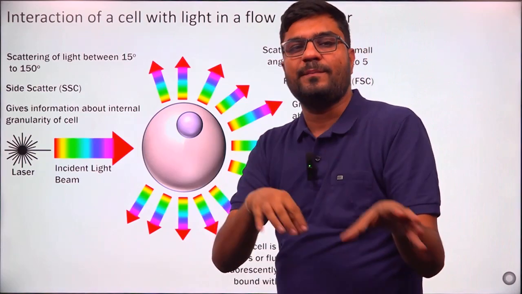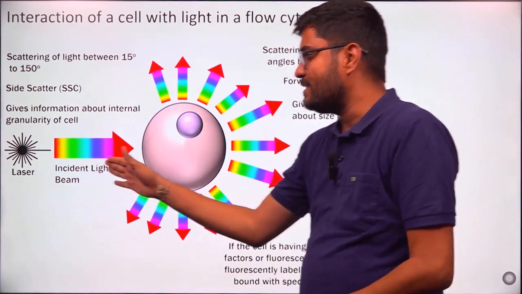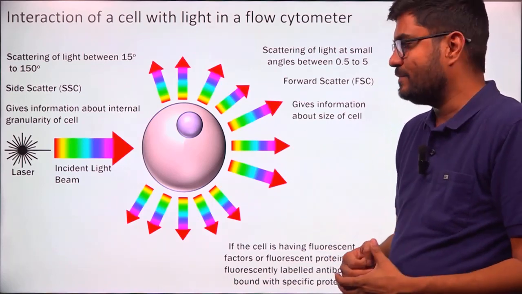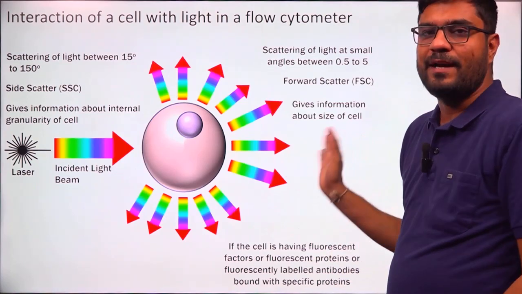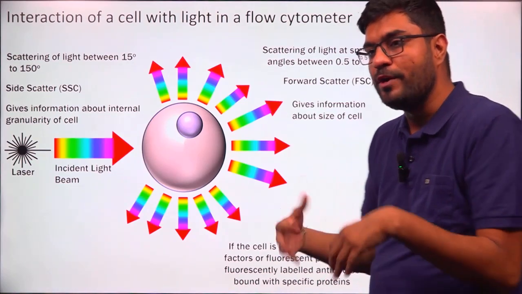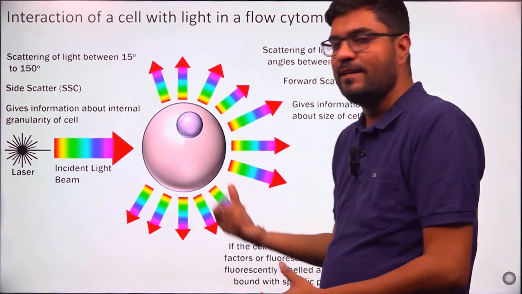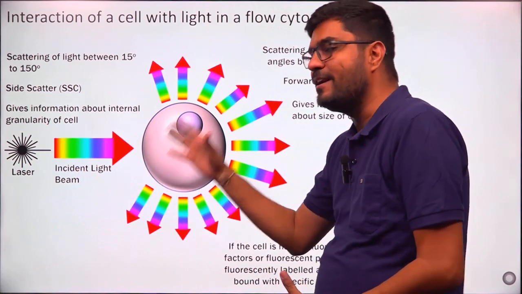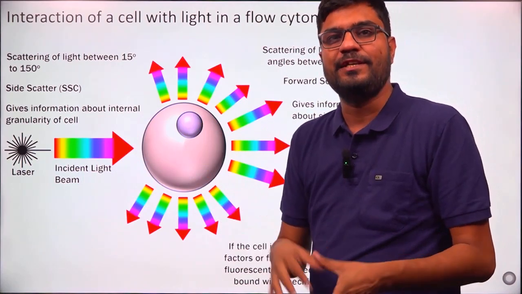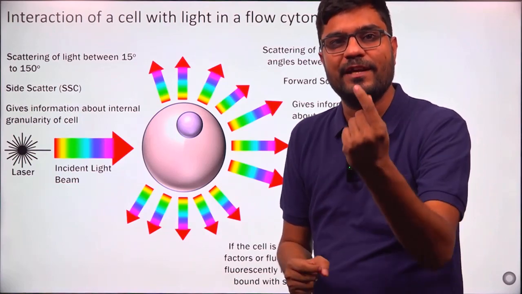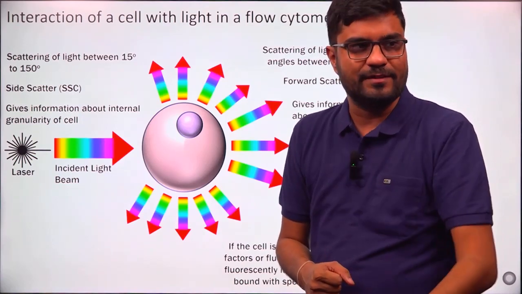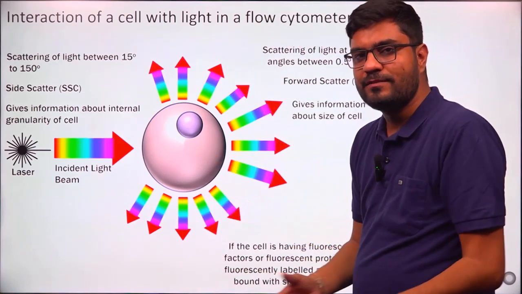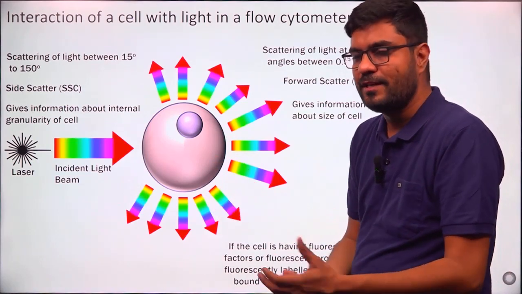If the cell is not coming, then the laser is easily passing through the liquid because there will be only buffer, no cell, and it is detected by the detector as no event. And if a cell is there, then the cell will interact with light, the light will be scattered by this cell, and the machine is counting it as one event. A second cell means a second event, a third cell means a third event. It is going like that. So absence of cell, no events, and presence of cell, yes, there are events.